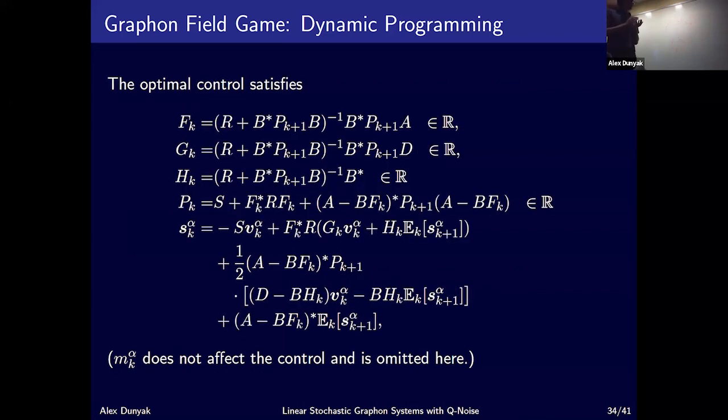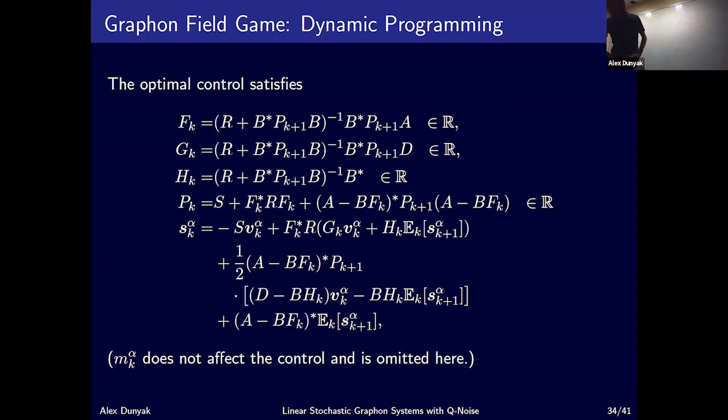So what ends up happening is that when you apply the ansatz to the dynamic programming equations, you end up with these difference equations right here. These four equations up here are all one-dimensional real constants.